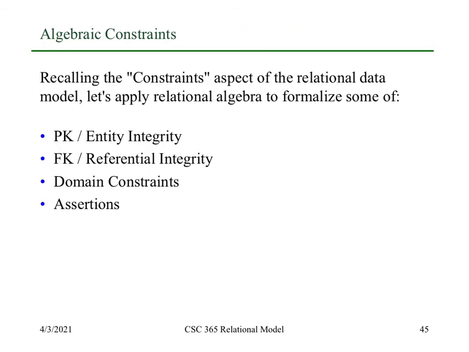Now, some of these constraints you can think of as algebraic constraints. What does that mean? That means you can define them using the relational algebra, and we'll go through that. This will largely become transparent and not all that relevant as we go along.